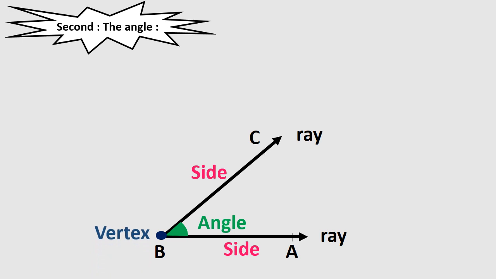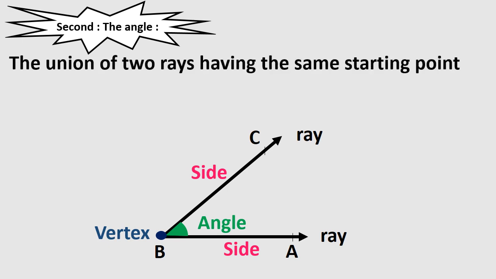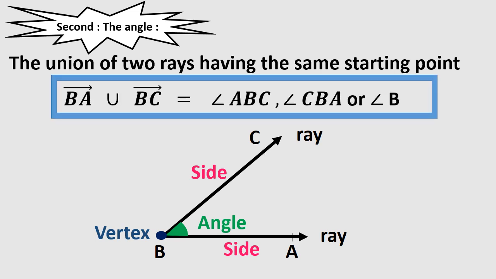So any angle consists of 2 sides and 1 vertex. The union of 2 rays having the same starting point is the angle. For example, here the ray BA union the ray BC equals angle ABC or CBA, or I can read it by one letter only, B, the letter in the middle.